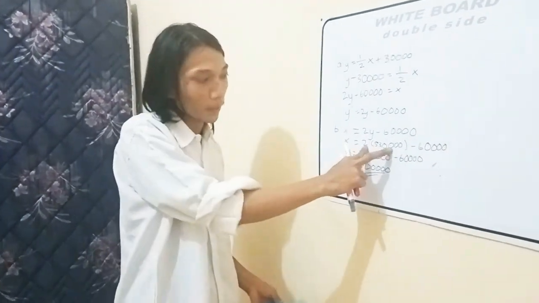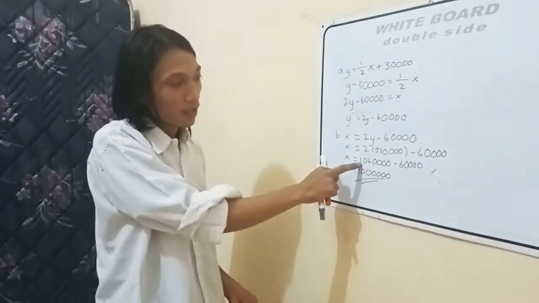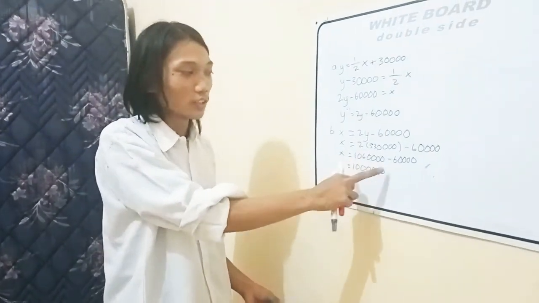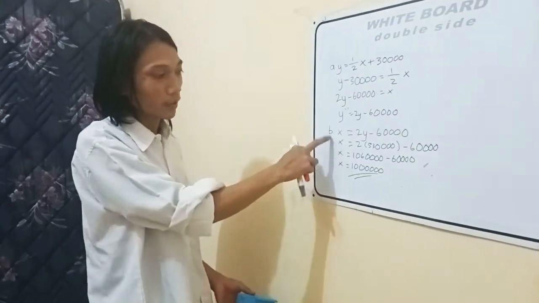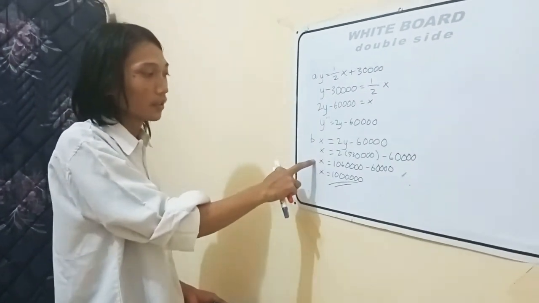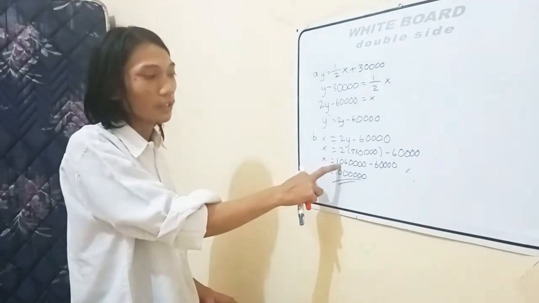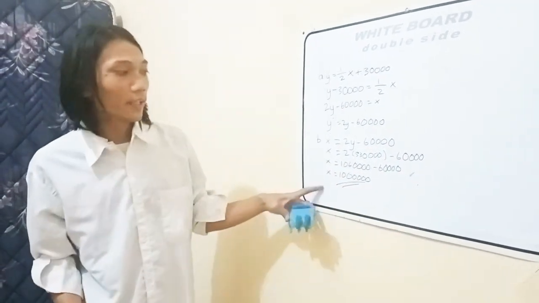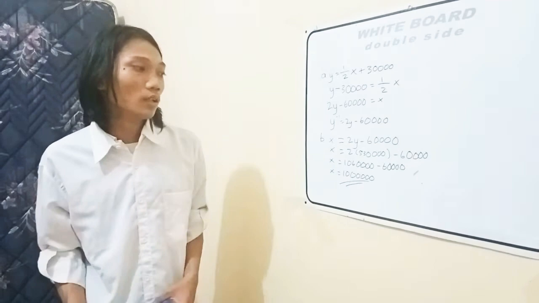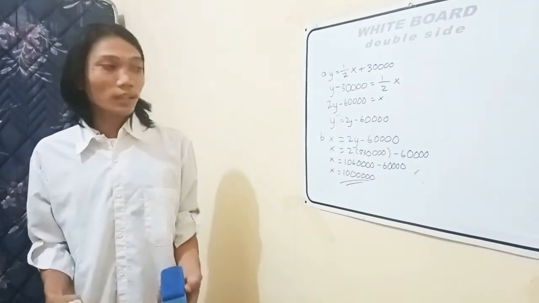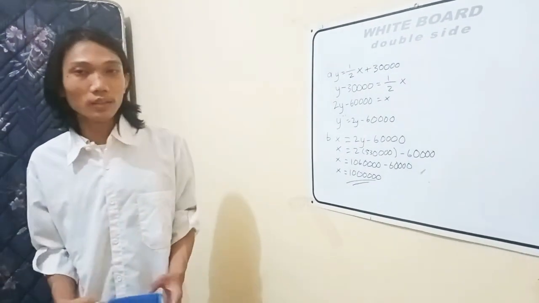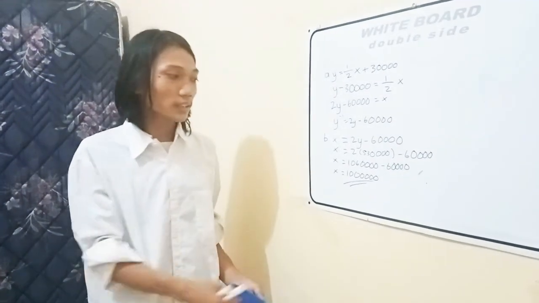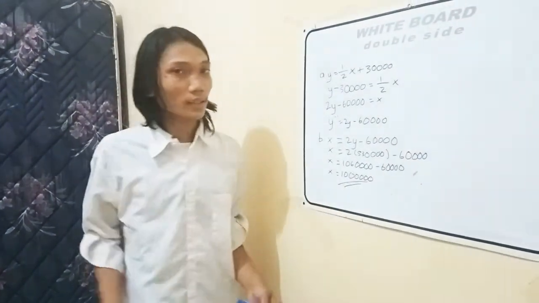We multiply by 2, so we get 1,060,000. So the equation will be x is equal to 1,060,000 minus 60,000. So we get x is equal to 1,000,000. So we have answered the problem, and the basic salary is a million.